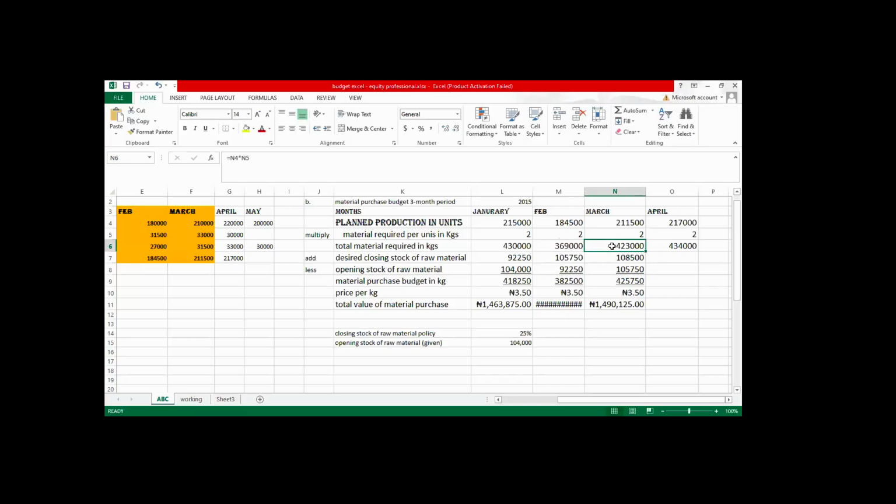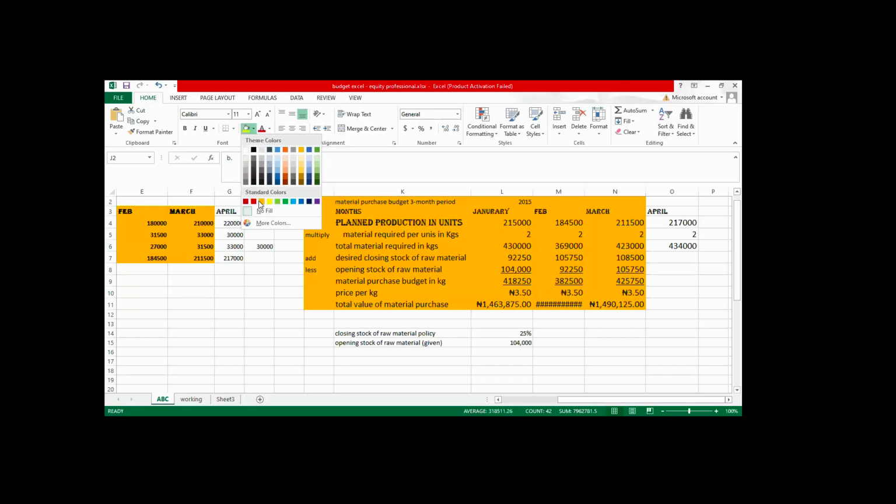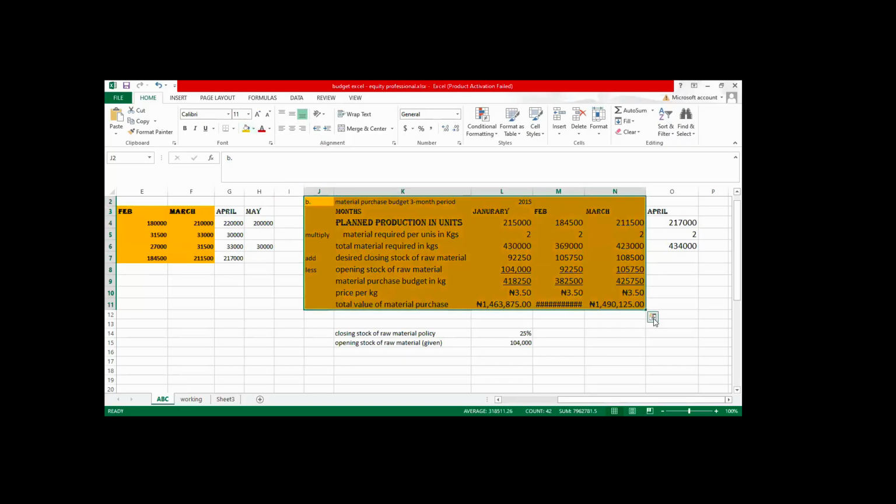Do the same for March: total material required for production plus closing stock of raw material minus opening stock of raw material. 425,050. That will give you your material purchase budget in kg.